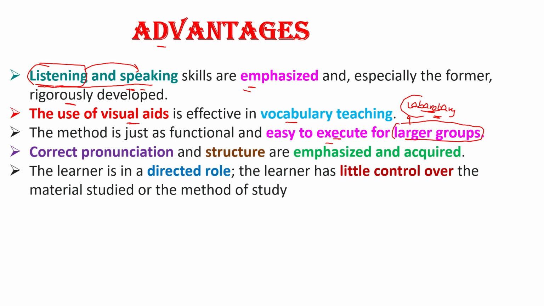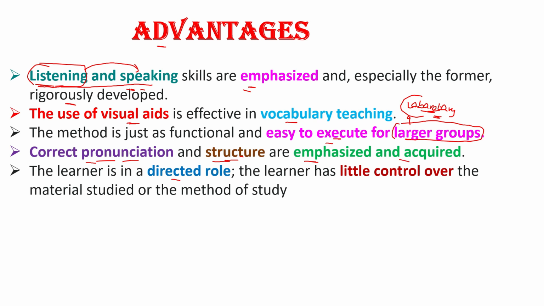Based on that, the teacher can teach the students effectively, and correct pronunciation also will be developed. Yes, with the help of oral drills, oral practice or pattern practice, or the lab, mainly the language lab, it develops the pronunciation of the students, and they can develop the structures also. So here, correct pronunciation and structure are emphasized and acquired. Teachers stress structure as well as pronunciation. Then students can acquire easily.